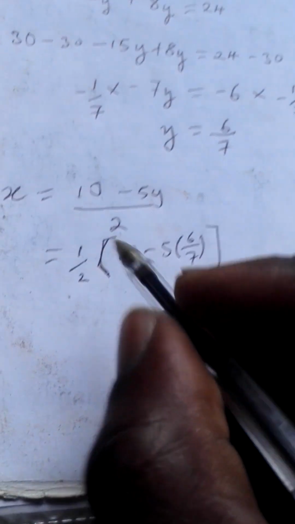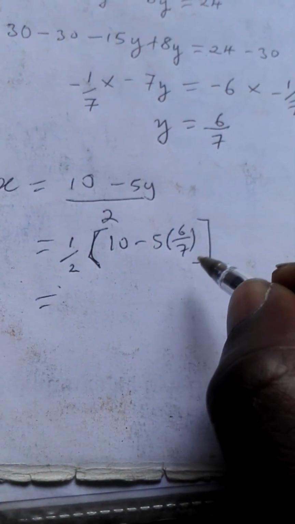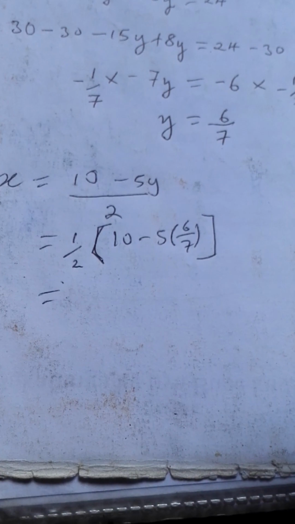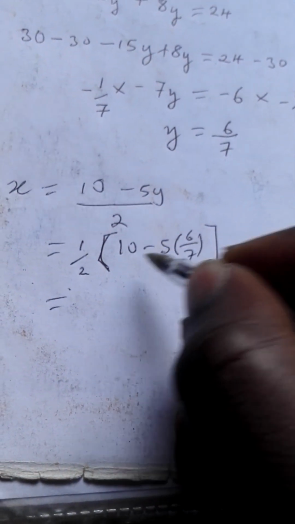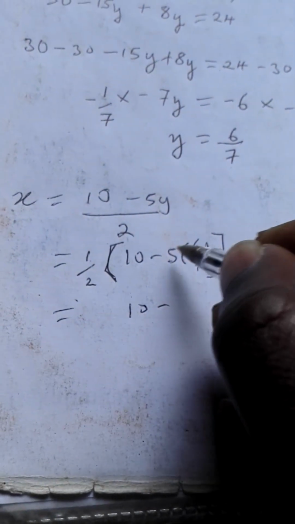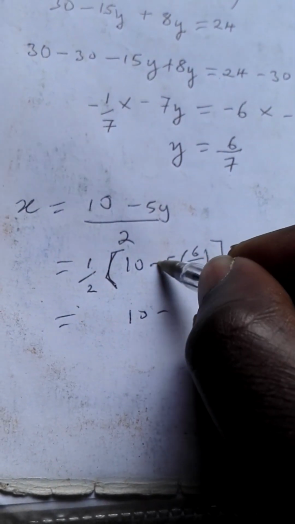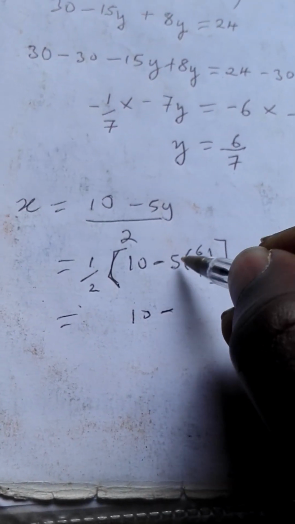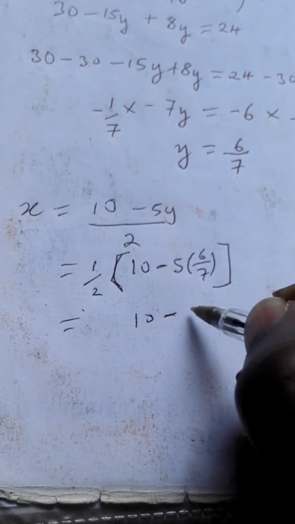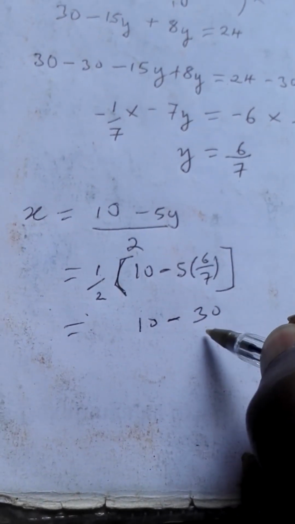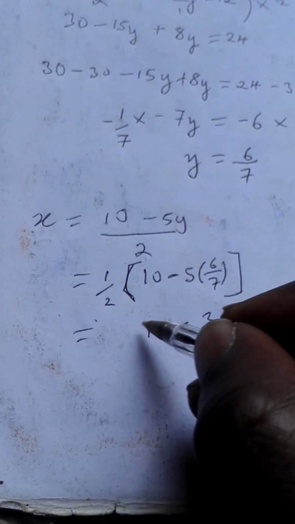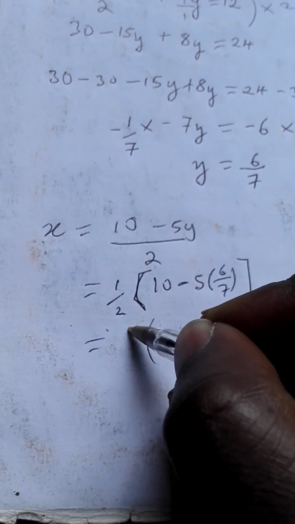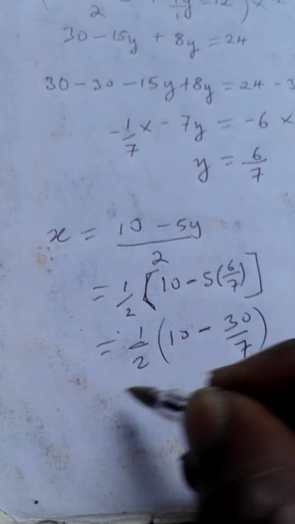Okay, so let's deal with what is in the brackets first. So this is going to be 10, and then 5 multiplied by 6 is going to give us 30, and this is going to be divided by 7, and then we're going to multiply everything by a half.